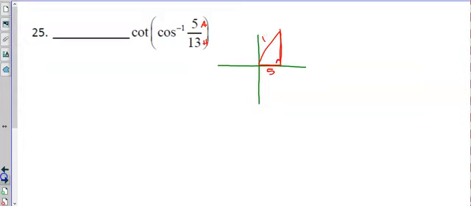So 5 and 13. I'll label these. And we're going to end up finding cotangent. Cotangent is adjacent over opposite. So we need to find our opposite side. So Pythagorean theorem, 5 squared plus, I don't want to use the O because it looks like a 0, so I'll call it x. X squared equals 13 squared.